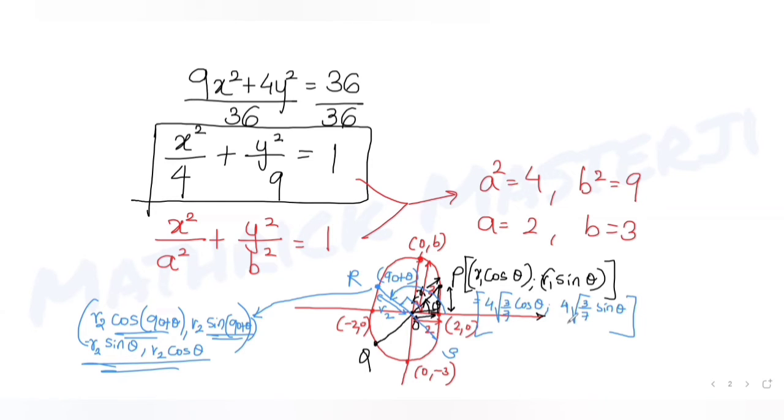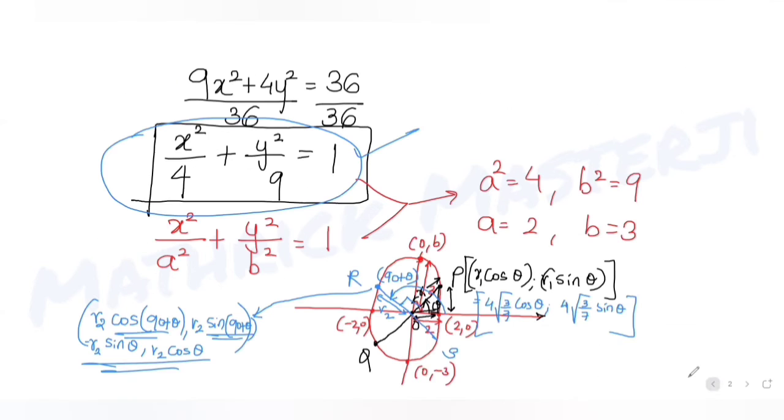I know both the points lie on the ellipse, P and R. So when they lie on the ellipse, they will automatically satisfy this equation of the ellipse. So let's put both of the points one by one in this equation of ellipse and get the equations. So for the first one, P is R1 cos theta and R1 sin theta.